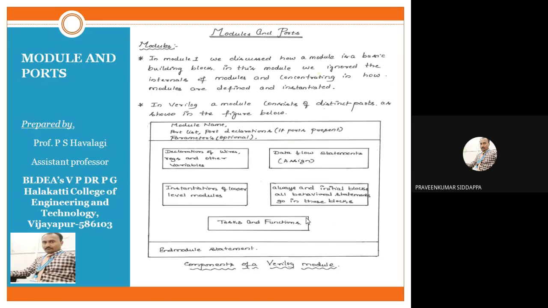This Verilog model should be divided into three parts. No need to memorize it; please concentrate. In the block diagram you can check it: I have drawn one whole block, and it is divided into three blocks. So mainly the whole block diagram is divided into three parts.